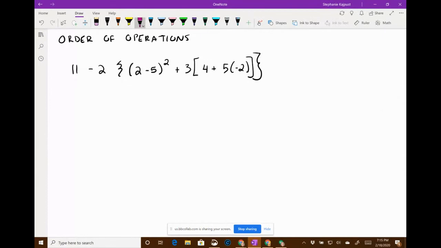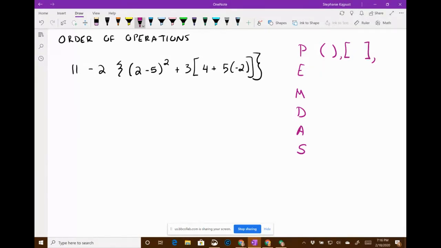For the order of operations, we have a little shortcut saying: PEMDAS, P-E-M-D-A-S, which stands for a phrase to remember: please excuse my dear Aunt Sally. The P stands for parentheses, but it basically is anything that has grouping symbols.